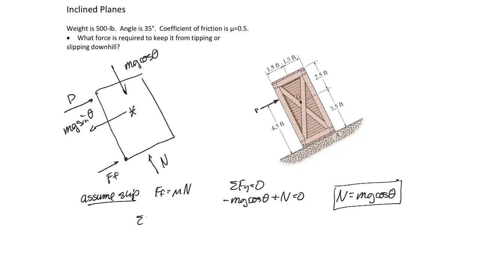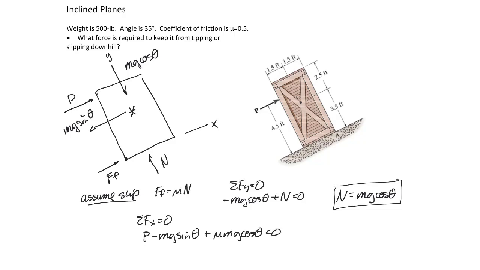And if we sum the forces in the x is equal to 0, so I'm going to have uphill as my positive x. This would be positive y in that direction. So I have plus P minus mg sine theta plus the force of friction, and force of friction here is equal to mu normal, and that is going to be equal to mu, and the normal is mg cos theta, equals 0.